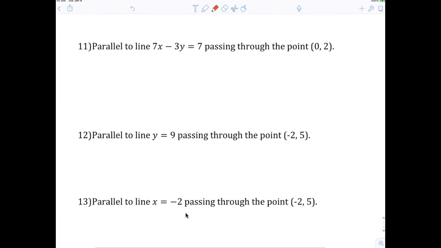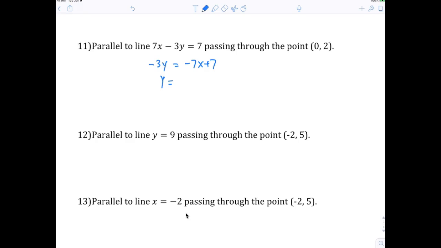Let's look at number 11. For number 11, I need everybody to write it in slope-intercept form. Quick, quick, quick. Less than 15 seconds. 5 more seconds. Negative 3y is equal to negative 7x plus 7.